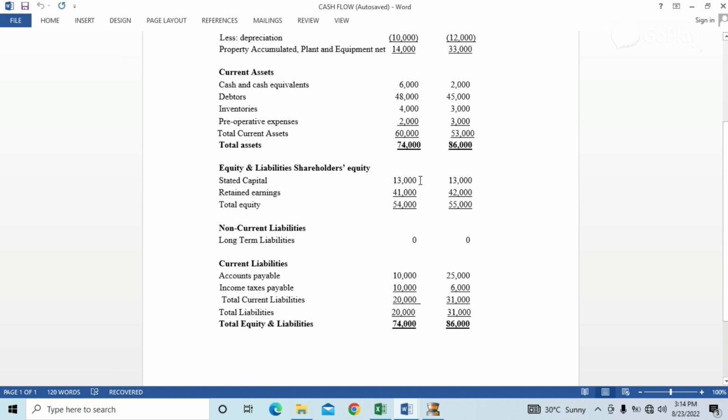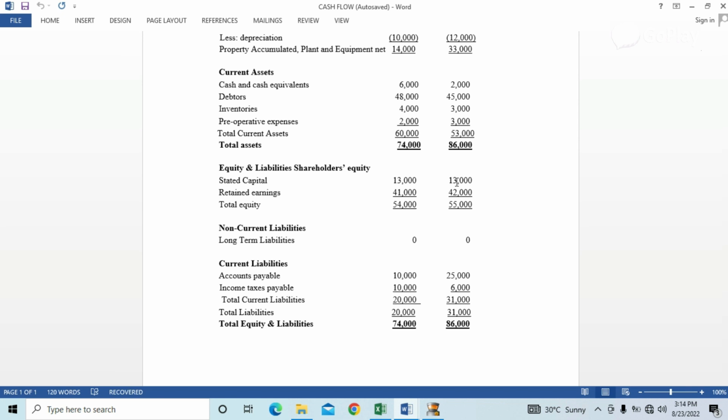If the capital was 13,000 for 2019 and has increased in 2020, we would have added the increment in the cash flow statement. And if it has reduced we would have subtracted it. But in this case, the capital is constant. So during the year 2020, no additional capital was received.